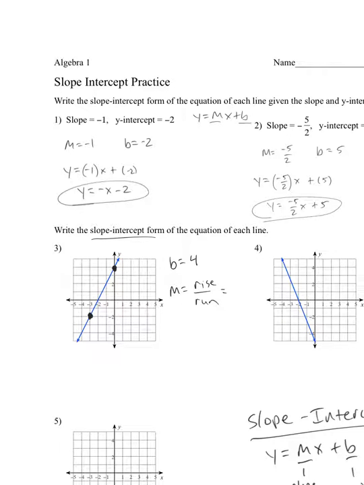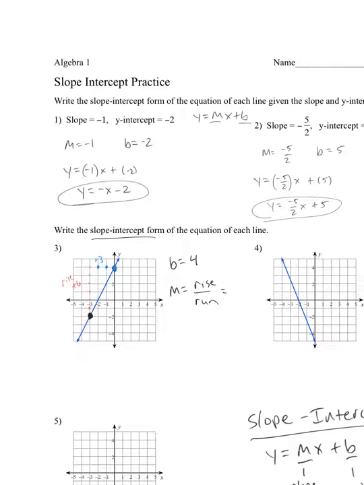So our rise here, guys, we start at the point to the left. Our rise, we go 1, 2, 3, 4, 5, 6 units up, or +6 was our rise. And then our run, to the right, we are going 1, 2, 3 units.